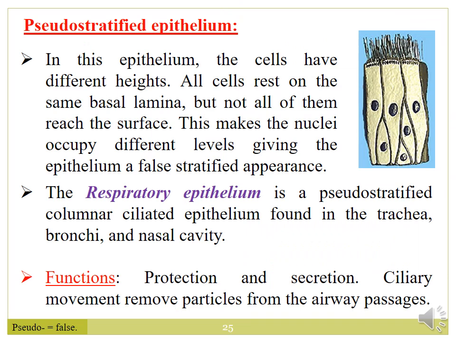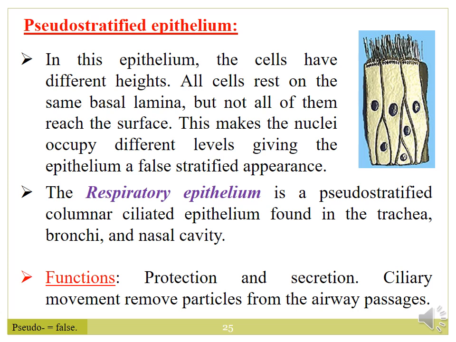Now we talked about the simple epithelium, we talked about the stratified epithelium, and we talked about their types. Now we have a special type of epithelium called pseudo-stratified epithelium. So it is a stratified epithelium, but it is pseudo. Pseudo means false. So it is a stratified epithelium, but this stratification is false.